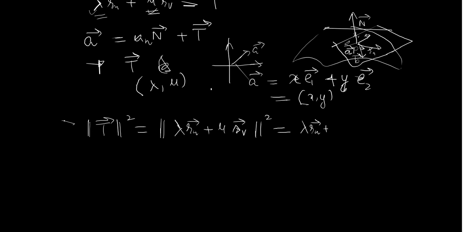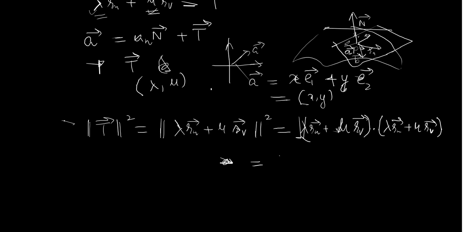Using the distributive property of the dot product, and noting that r_u dot r_u is equal to E, this should be just E times lambda square plus twice lambda mu times F plus what's left is G times mu square.